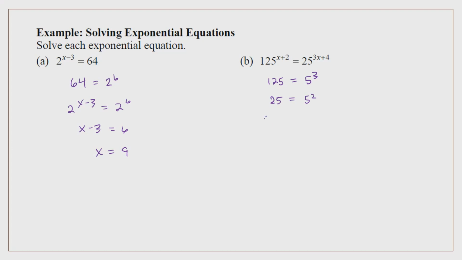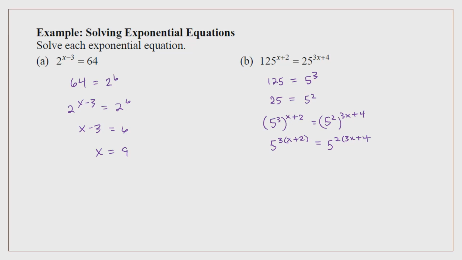So I will have 5 cubed to the power x plus 2 equals 5 squared to the power 3x plus 4. Now, according to the law of exponents, if I have a base raised to a power and the expression is then raised to another power, I just multiply the powers. So this is equivalent to 5 to the power 3 times x plus 2 and 5 to the power 2 times 3x plus 4. So now I have a base and a power.